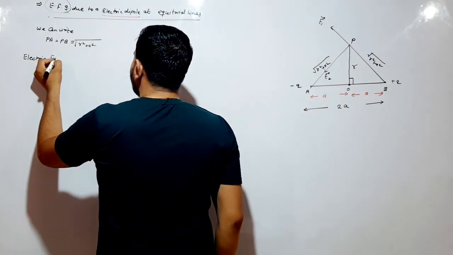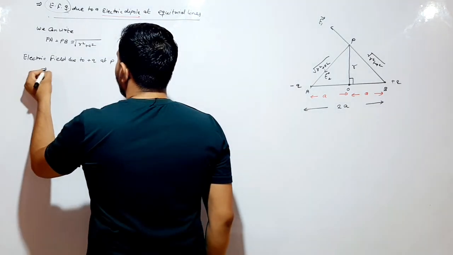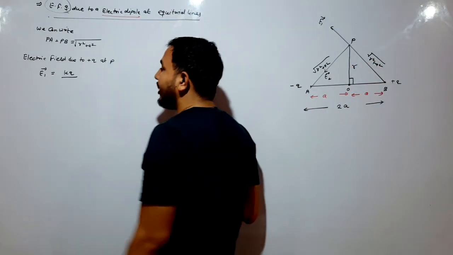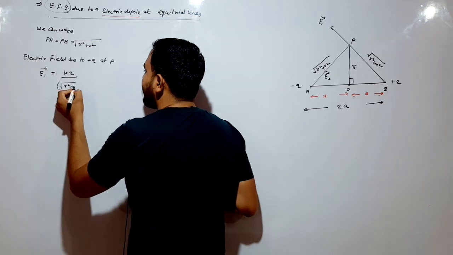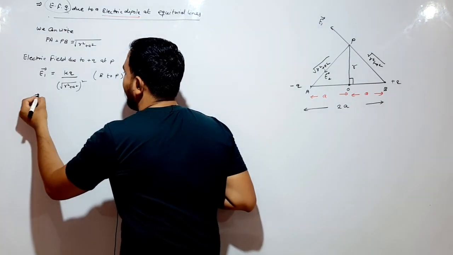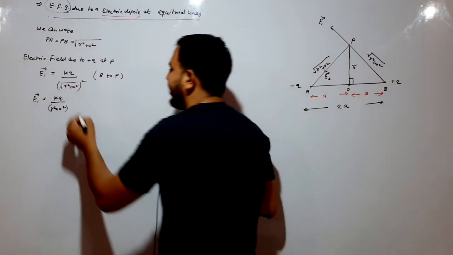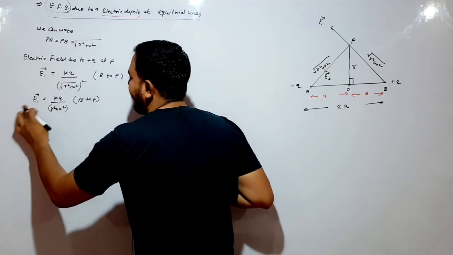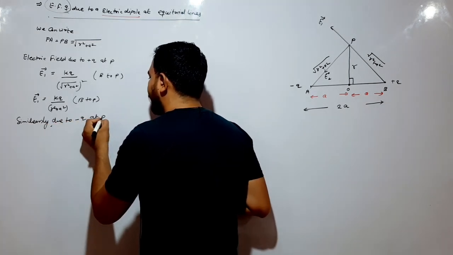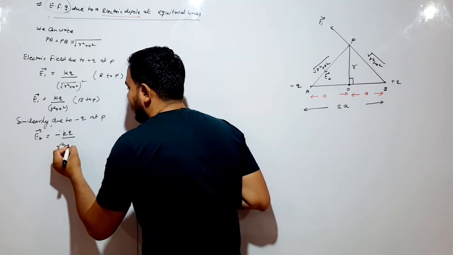Electric field due to plus q at P, E1 vector is equal to plus kq upon under root r square plus a square, the whole square, and direction B to P. You can write it as kq upon r square plus a square, because the under root cancels the square, and direction B to P. Similarly, due to minus q at P, electric field E2 vector is minus kq upon r square plus a square.